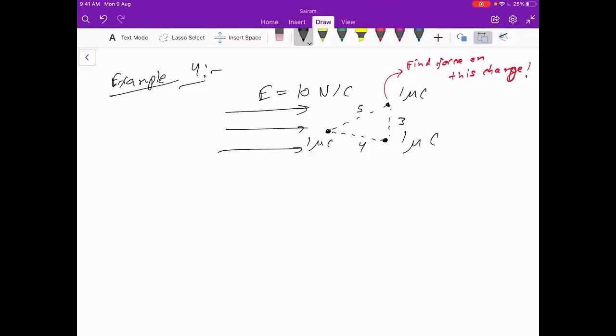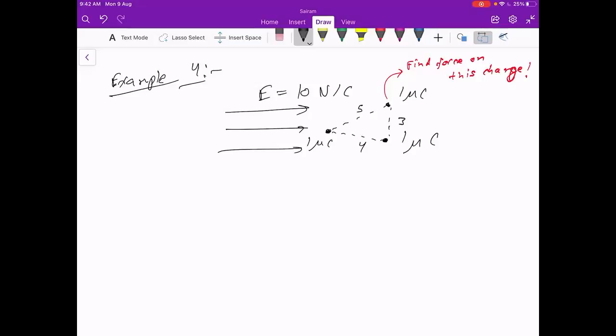So send the picture in WhatsApp. Yeah, so I saw your solution. I just want to know how you found the vector value basically.